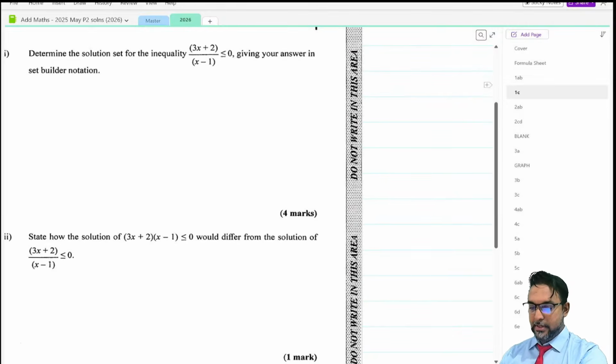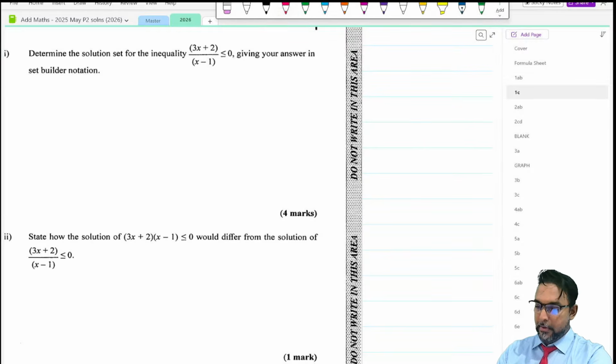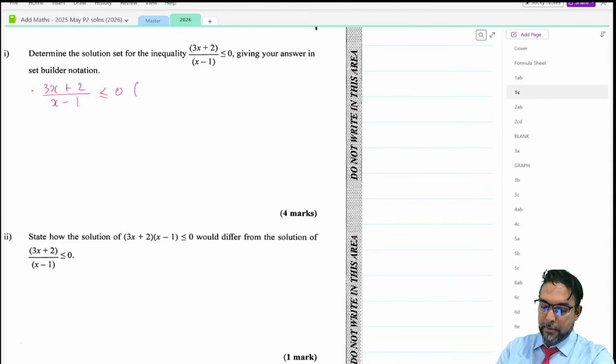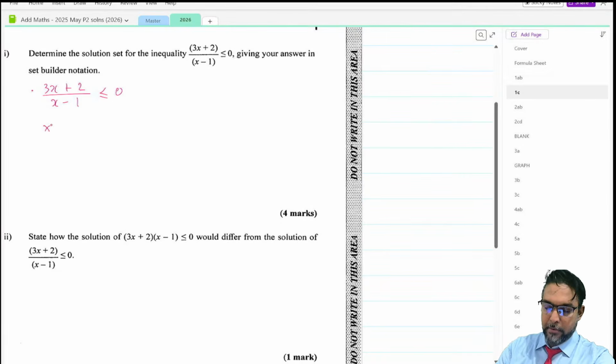Determine the solution set for this inequality, giving your answer in set builder notation. All right. So what we'll do, as we know, is we'll multiply by the square of the denominator on both sides. So you have 3x plus 2 all over x minus 1 less than or equal to 0. And we're going to multiply by the square of the denominator.